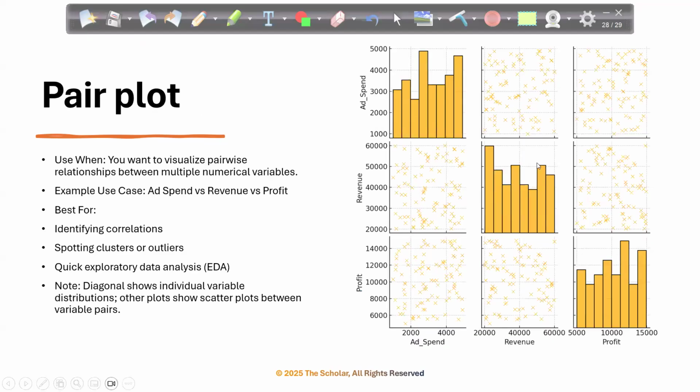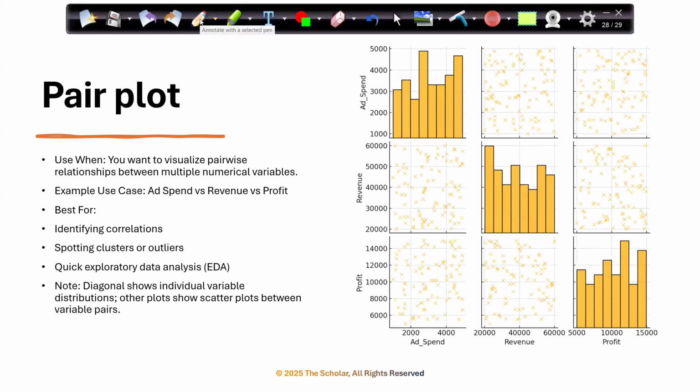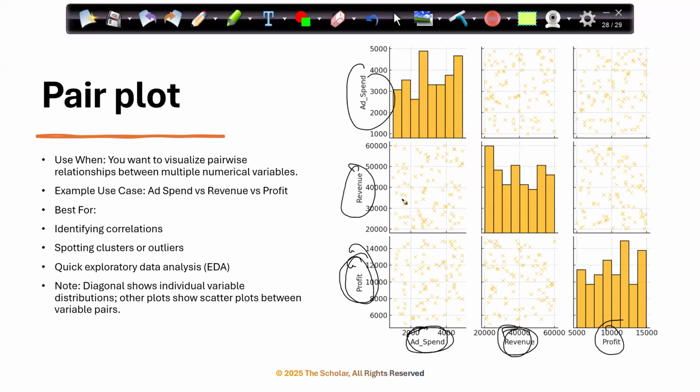Pair plot is again a collection of scatter plots, right? So here you can see that I have ad spend versus profit, revenue versus profit, ad spend versus revenue, right? Revenue versus ad spend, profit versus revenue. Basically, it's like a symmetrical chart.